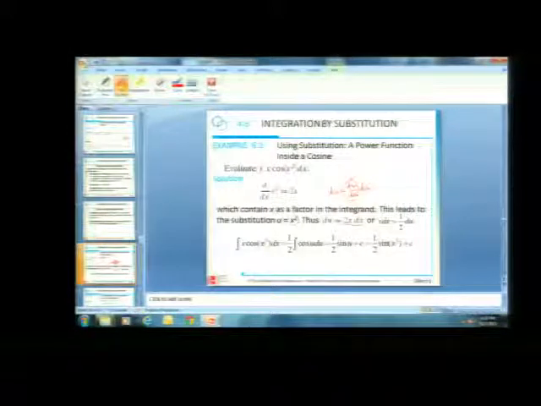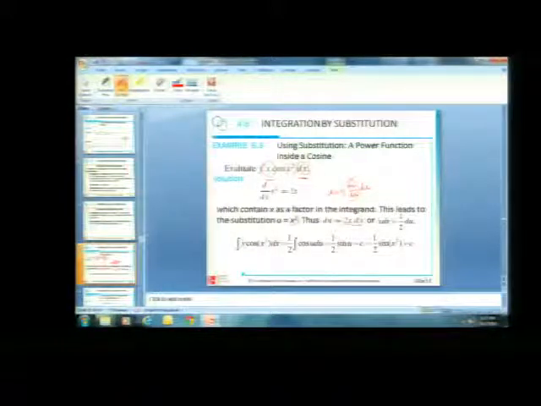Right? So we can put du in terms of dx. And therefore, x dx is half du. Why do we do that? Because in the original integrand, you see we have x dx, x times dx. So this one and this one together, we can change to half du. Okay?